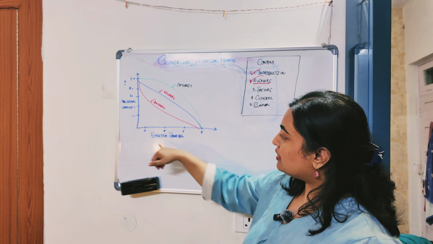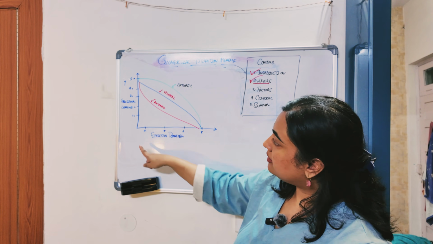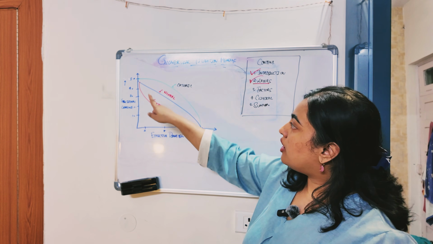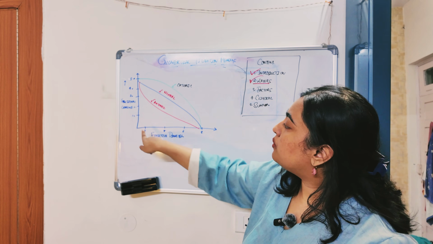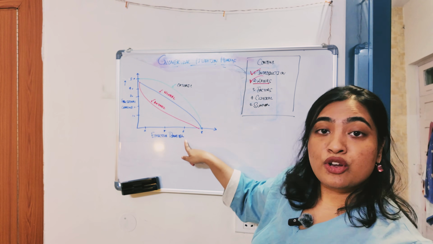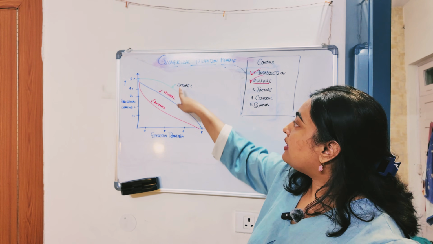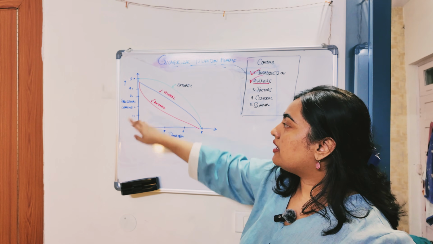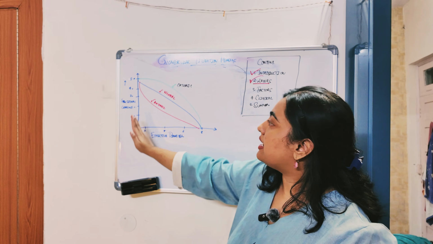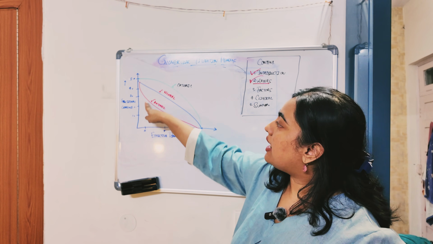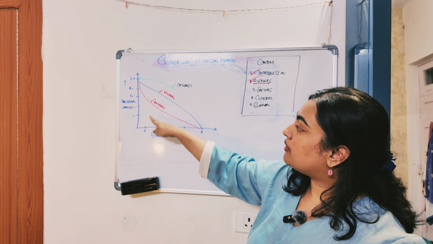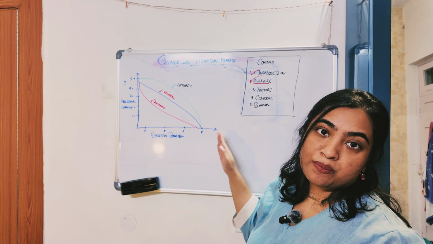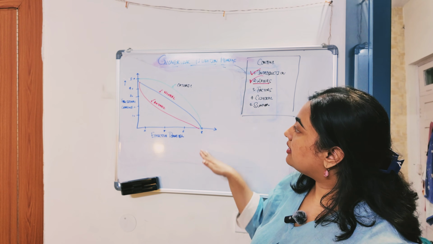In the x-axis we have effective diameter, and in the y-axis we have fractional clearance. Now we see that no matter what the diameter of a molecule is, if it is cationic, it is preferred more than anionic. If the diameter is less, then even anionic molecules get filtered, but as it approaches 8, their filtration decreases.